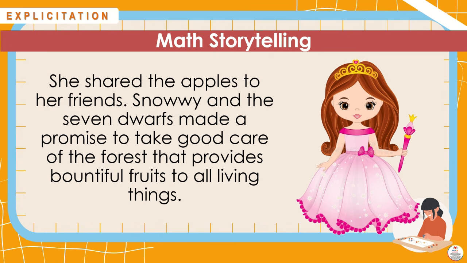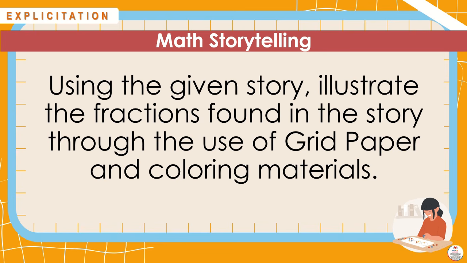Snowy and the 7 dwarfs made a promise to take good care of the forest that provides bountiful fruits to all living things. Using the given story, illustrate the fractions found in the story through the use of grid paper and coloring materials.